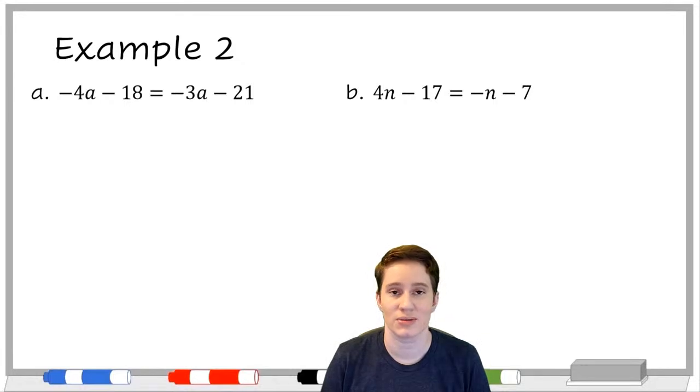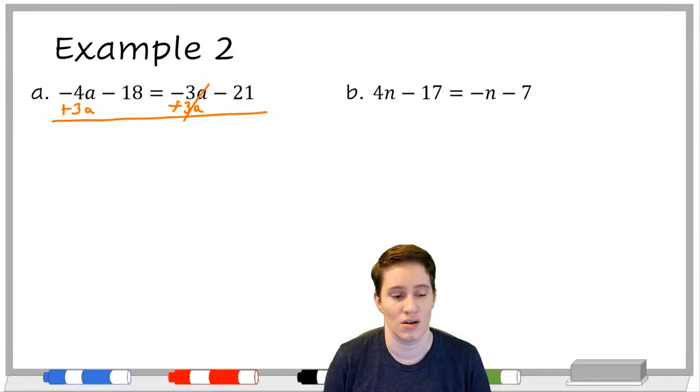So if we just want to get everything on the left, or the A's specifically, if we want to get the A's on the left side, I'm going to add this 3A over, sorry about that plus sign, over. So negative 4A plus 3A leaves us with negative 1A. You can write negative 1A, or you could just write negative A, which means the same thing.